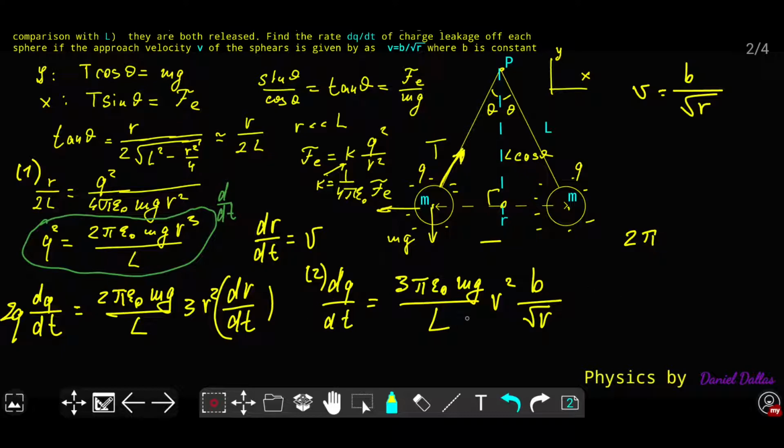So instead of Q, you can put Q here, where Q is equal to the square root of 2 pi epsilon 0 mg r cube over L. That's going to be the final formula.